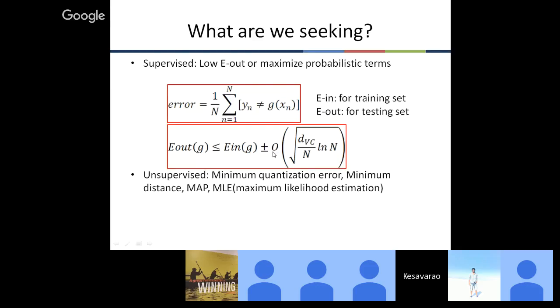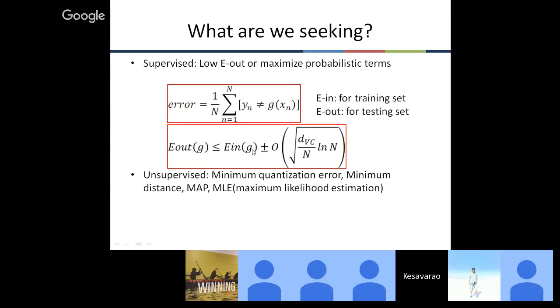The most important thing to understand in this context is output and input error. Basically, your E in is for the training set, and E out is for the testing set. And when you look at this deviation, E out should always be less than E in.